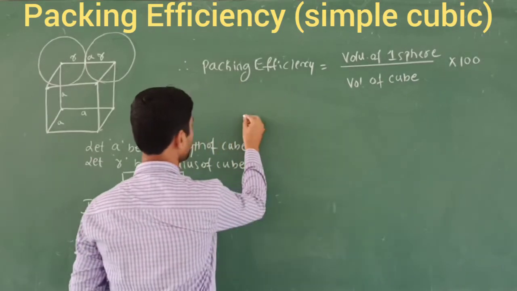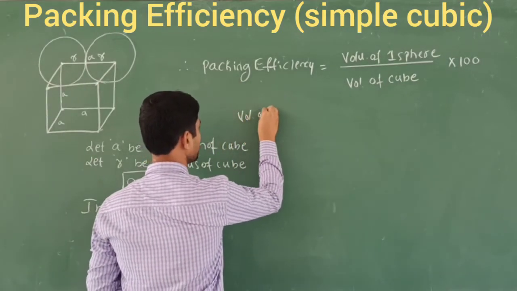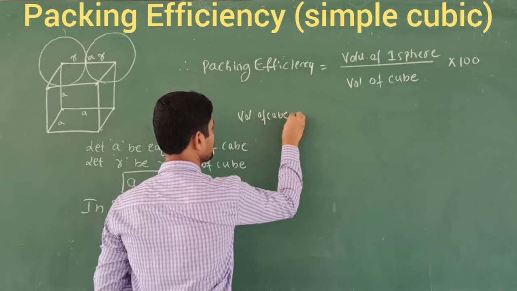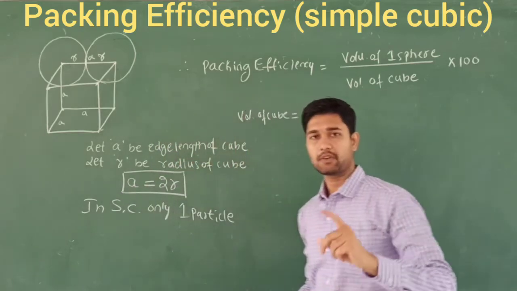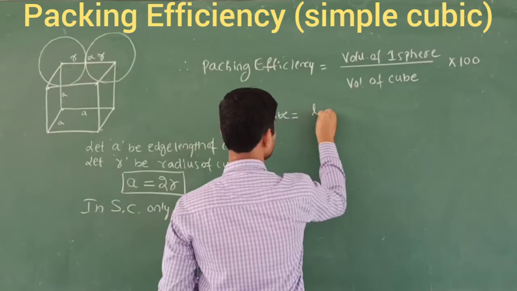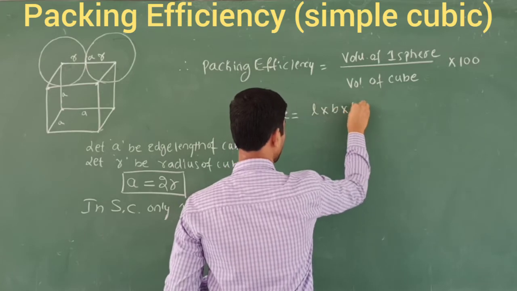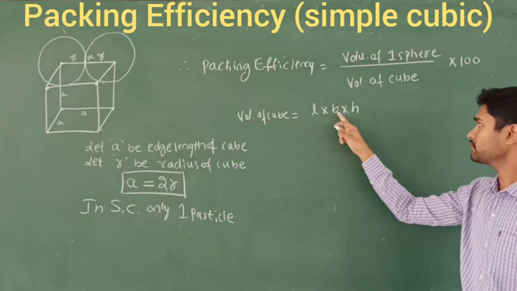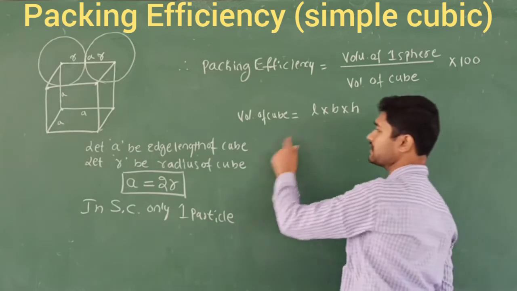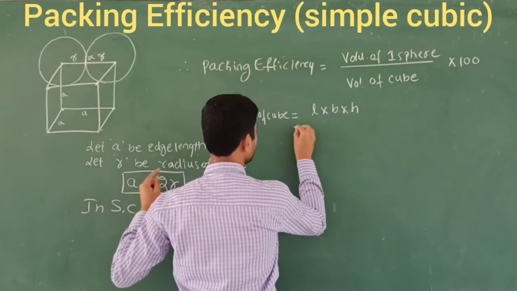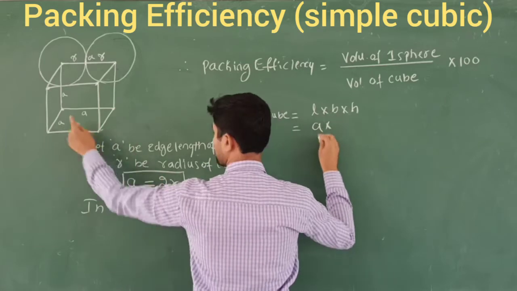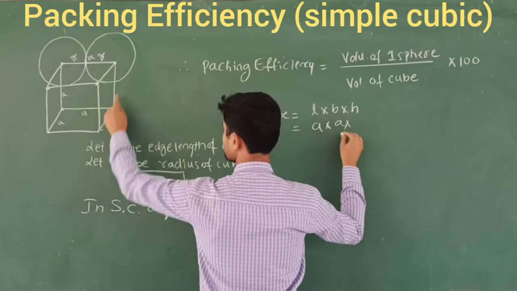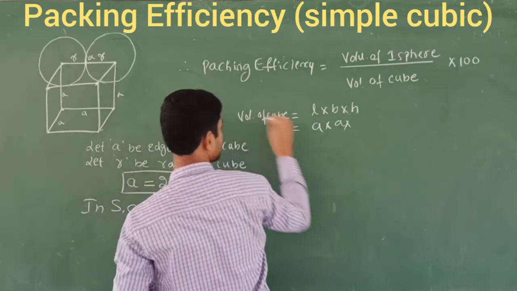And you know that the volume of a cube is length into breadth into height. So what is the length here? Everything will be the same. Length will be a, breadth will be a, and height is also a.